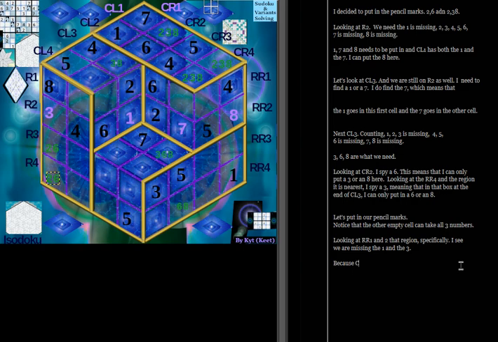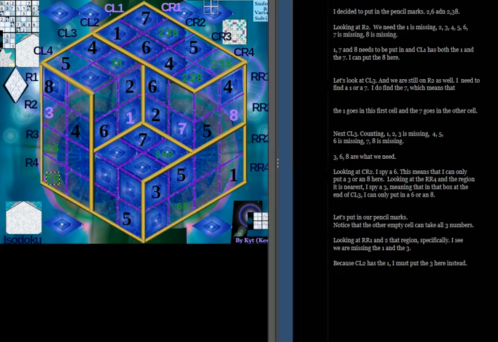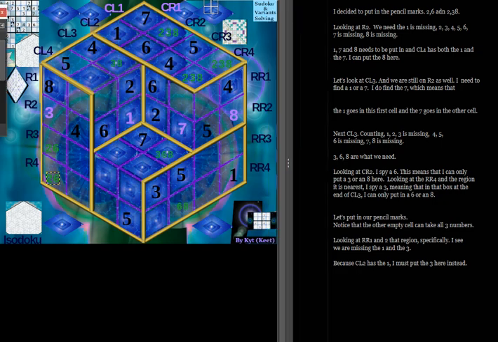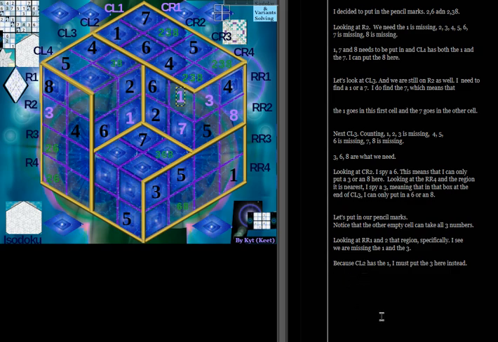Because column left 2 has the 1, I must put the 3 here instead. This leaves the 1 for the other cell.